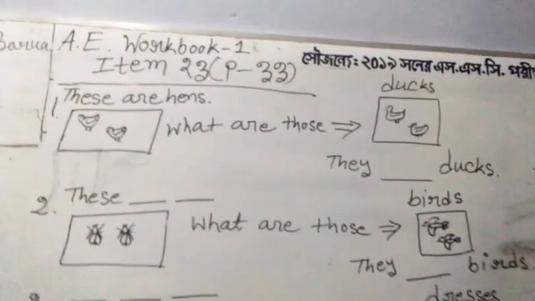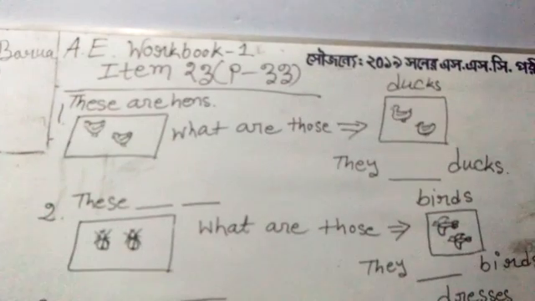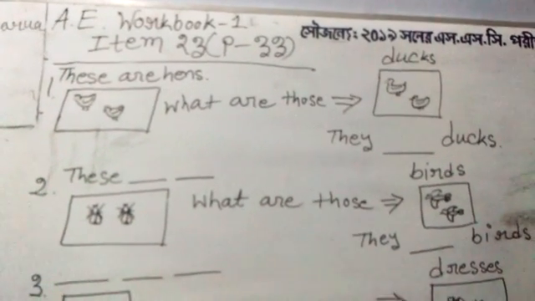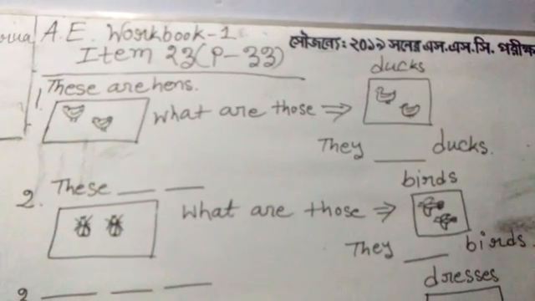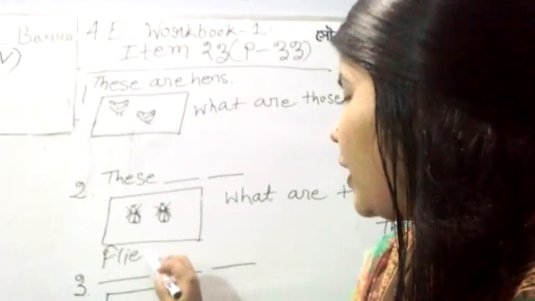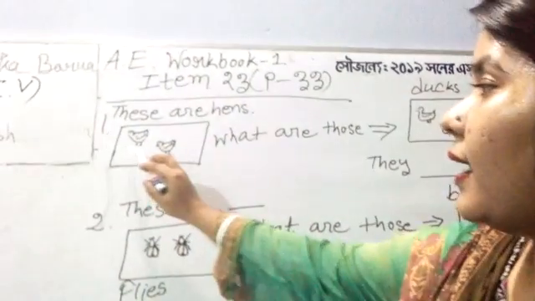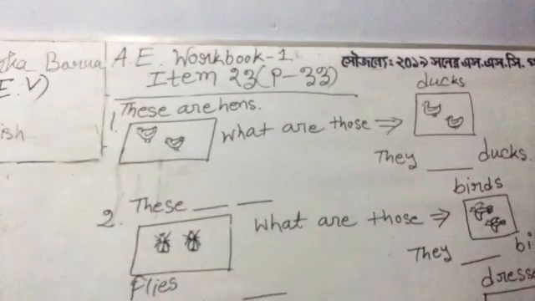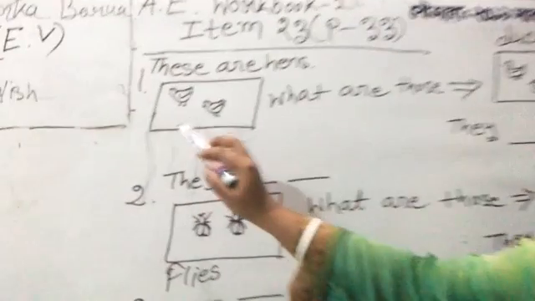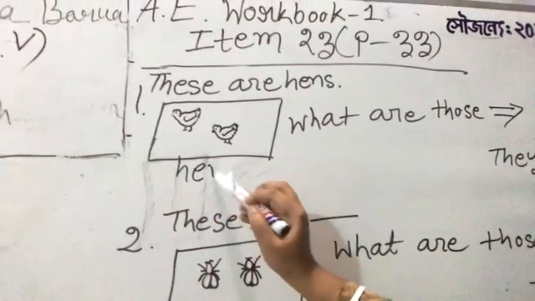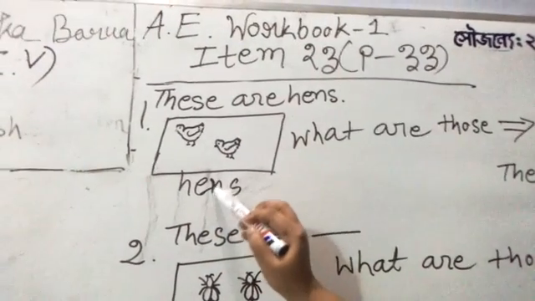Here the thing is Active English Workbook Part 1, item number 23, and it is page number 33. See, in the picture, though Miss can't draw well, I hope you can have the idea of what the pictures are.